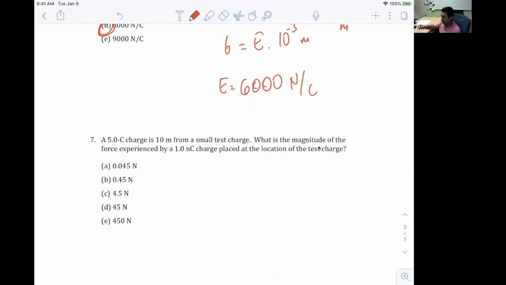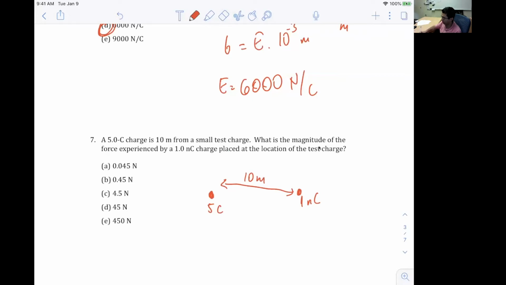A 5 Coulomb charge is 10 meters from a small test charge. What's the magnitude of the force experienced by a 1 nanocoulomb charge placed at the location of the test charge? You have 2 charges. One is 5 Coulomb, separated 10 meters away, and you put 1 nanocoulomb. And what's the force on that?